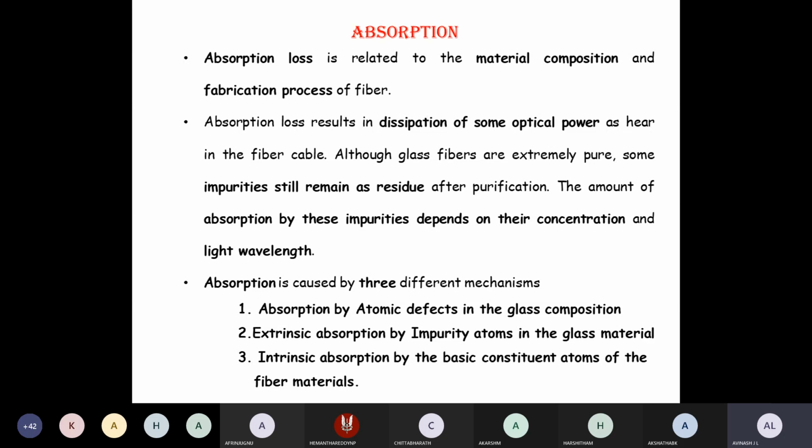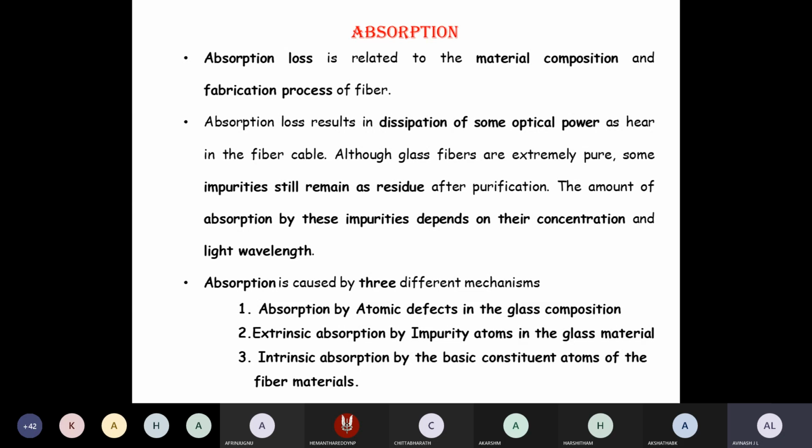Now one thing you need to understand: what do you mean by extrinsic absorption and intrinsic absorption? Both are absorption only, both happen inside the fiber only. So on what basis are you going to differentiate? See, it is something like this.